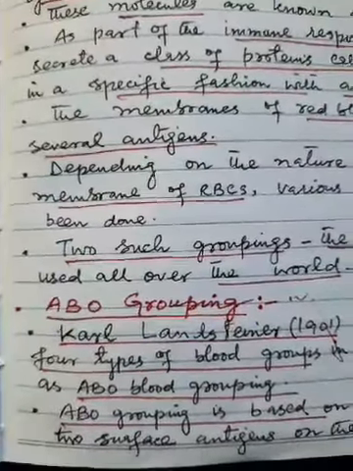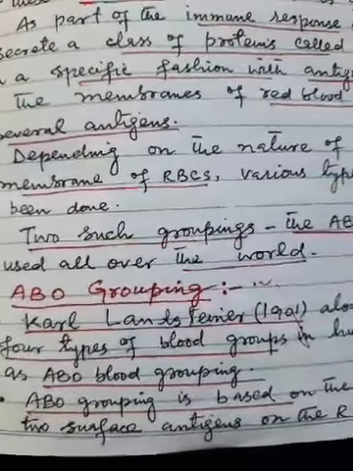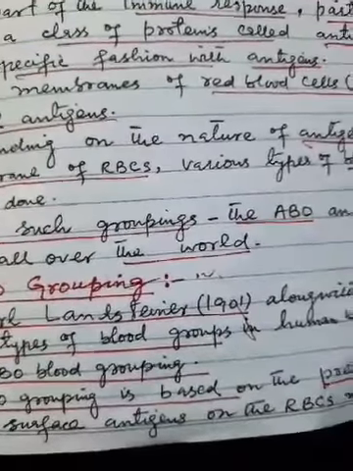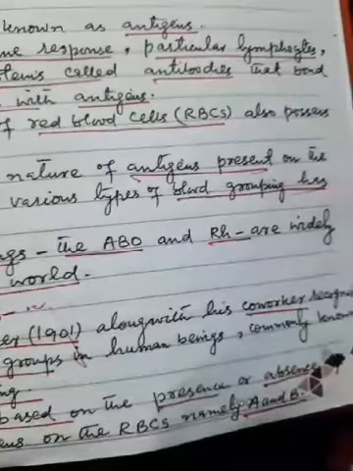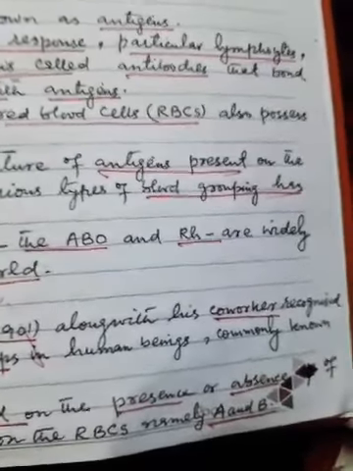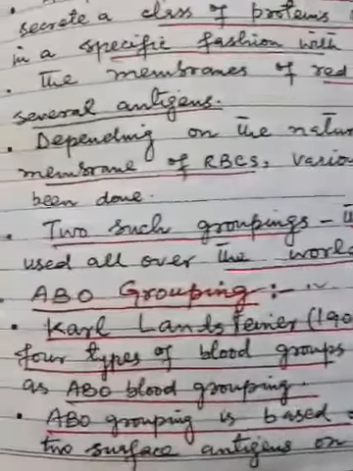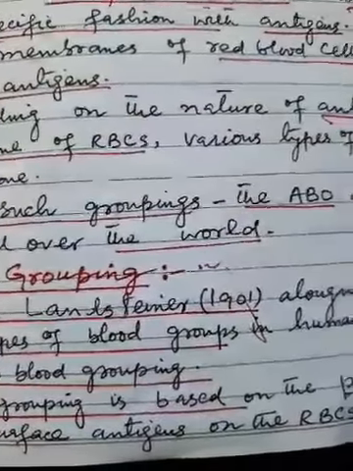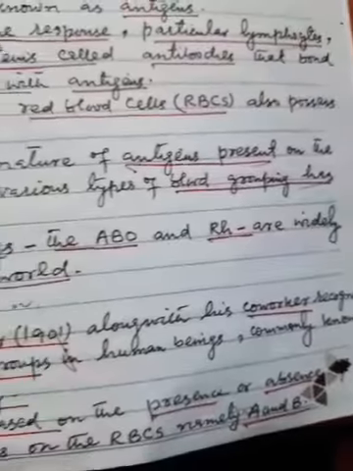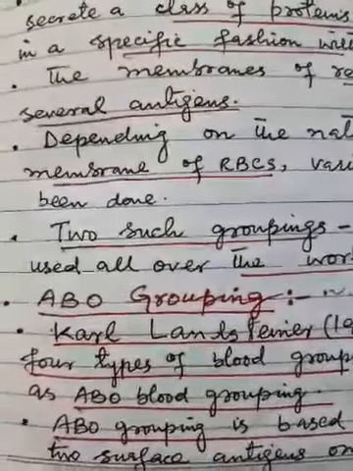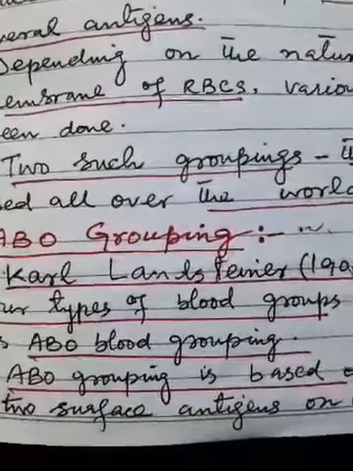Now, ABO grouping. Carl Landsteiner in the year 1901, along with his co-worker, recognized four types of blood groups in human beings, commonly known as ABO blood grouping.